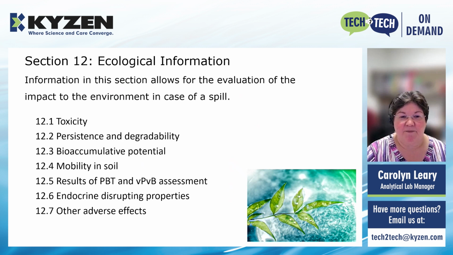Does it have the potential to accumulate? Is it mobile in soil? Could it pass from the soil into groundwater? Things of that nature. Are there any assessments that are relevant with exposure to this material? Are there any endocrine disrupting properties or other adverse effects, such as ozone depletion levels and global warming potential?